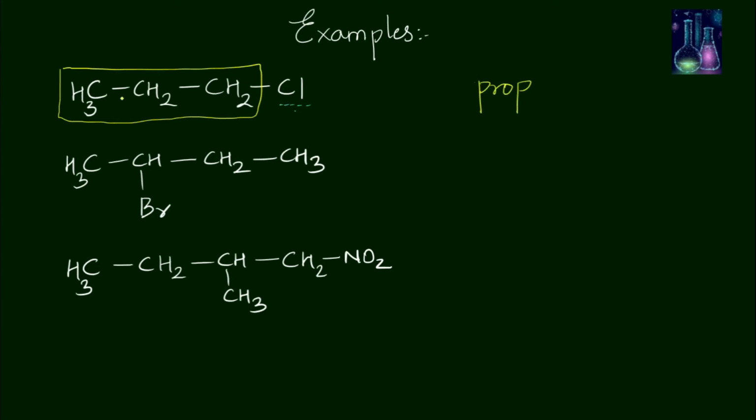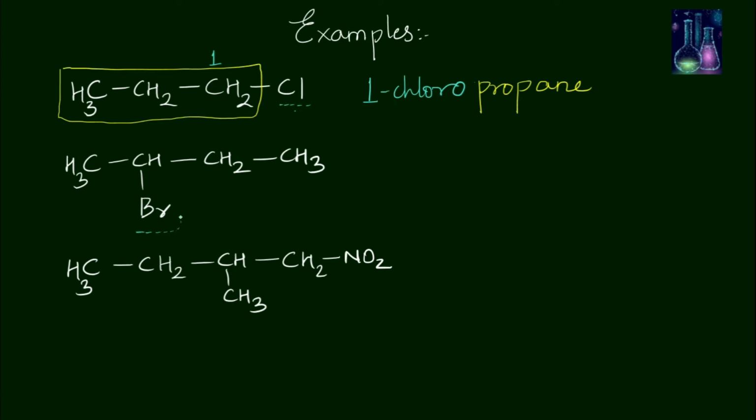And since all are carbon-carbon single bonds, it is propane. Now, this halide functional group is on the first carbon. Therefore, I'll allot the least possible number to it. So this becomes 1. So the name of the molecule is 1-chloropropane. Since this functional group is always placed as a prefix, I will write it in the front.